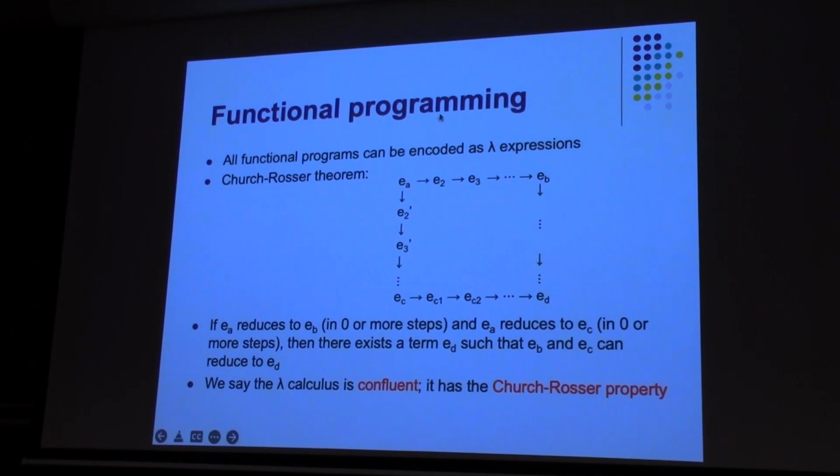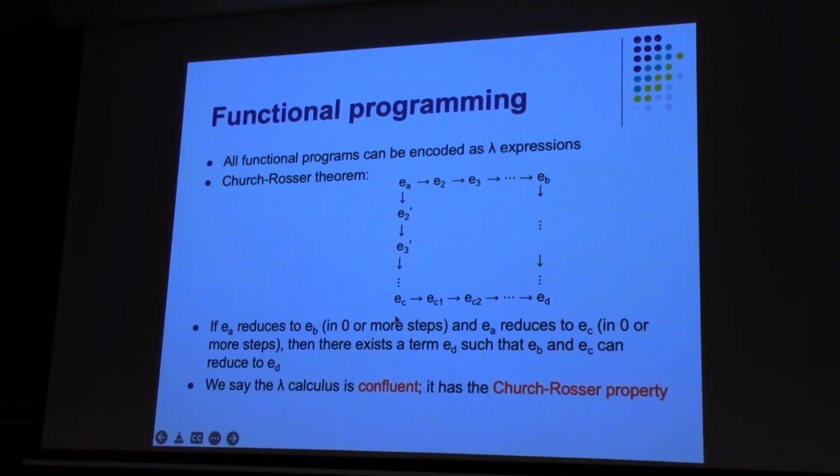So if you reduce it in another way, which I'm going to write down going down here, to E2 prime, E3 prime, ending up at EC. So now I have these two different expressions, EB and EC. The theorem says there exists a term ED such that EB can reduce down to ED, but EC can also reduce down to ED. That means the two reductions come back together again.